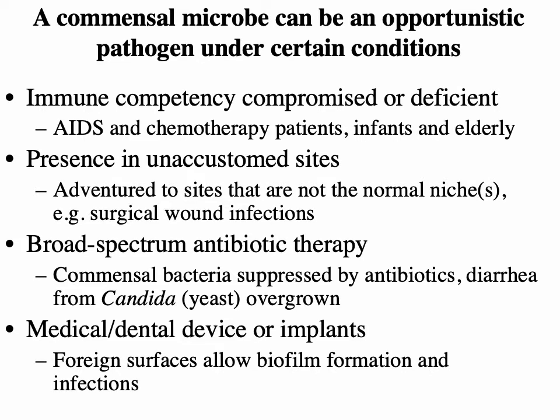So a conventional microbe can also cause infections under certain conditions. This normal microbiota we normally consider non-harmful, but you give them the right conditions, they can cause an infection, and that is called opportunistic infection, and therefore this conventional microbe is called an opportunistic pathogen.